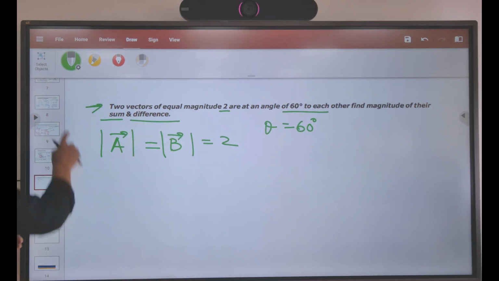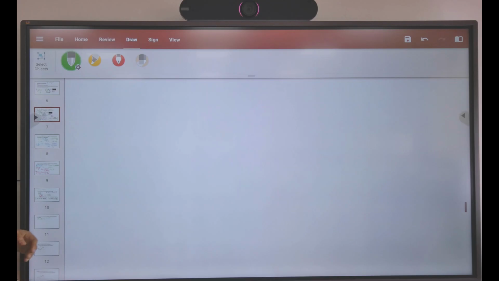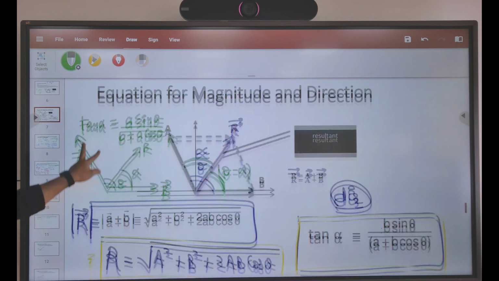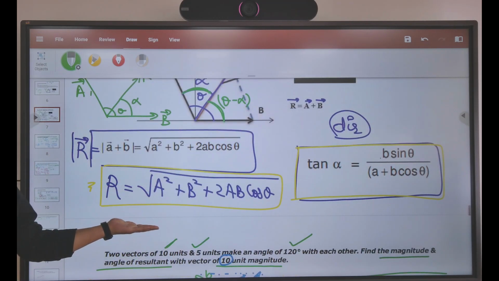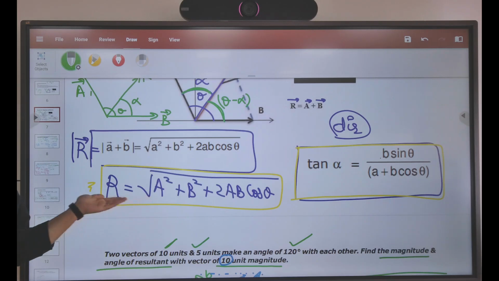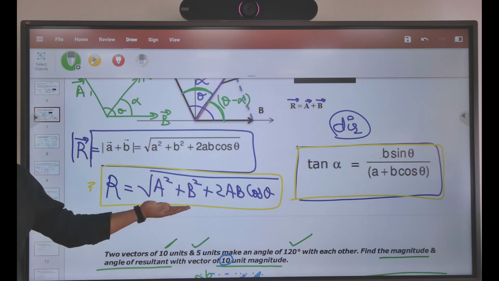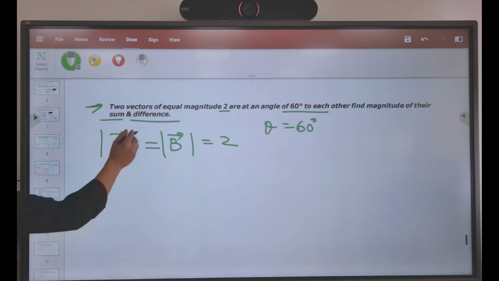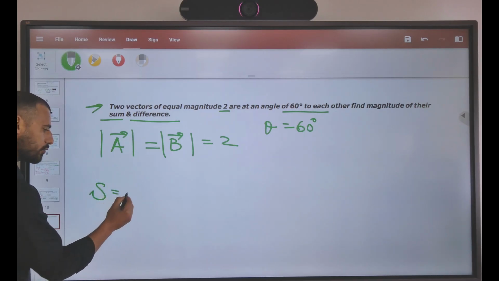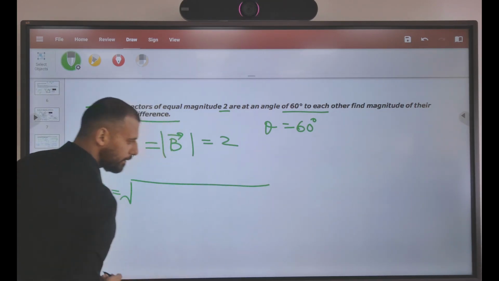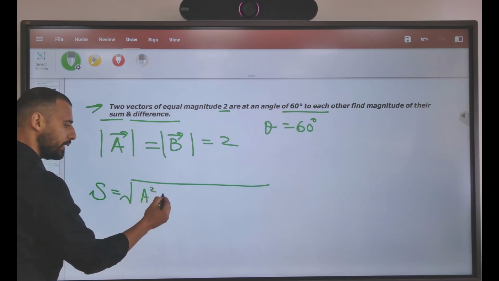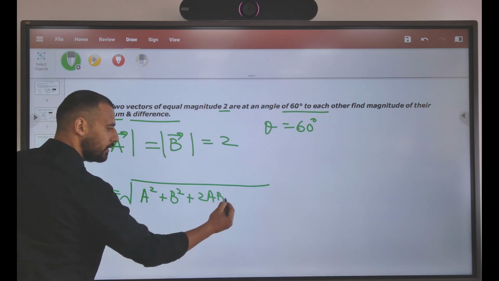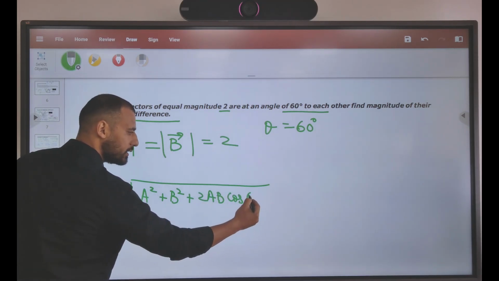So you know sum from this formula. We have done resultant in the previous class, right? And this is the formula. For sum, we have this formula. So what is the sum for these two vectors? Their sum will be given by square root of a square plus b square plus 2ab cosine of theta, isn't it?